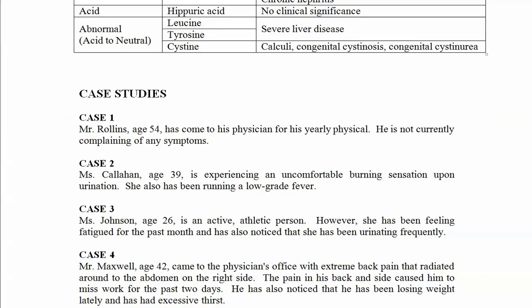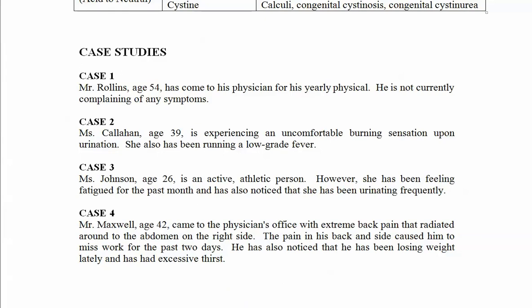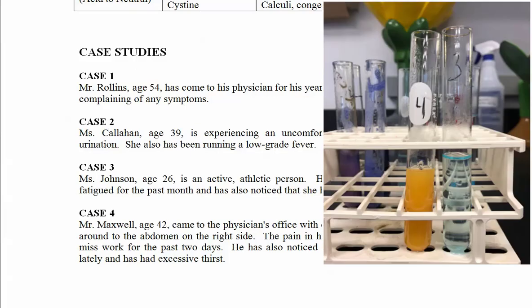All right, then we had a bunch of case studies, and we had 4 case studies. And one of the types of tests we run on it is we would have the pH strips, which would allow us to look at the alkalinity or acidity of the urine, but we will also be running 2 other tests that we have seen before in the digestion lab. We will be running Benedict's test, which, as you recall, is going to detect sugar.